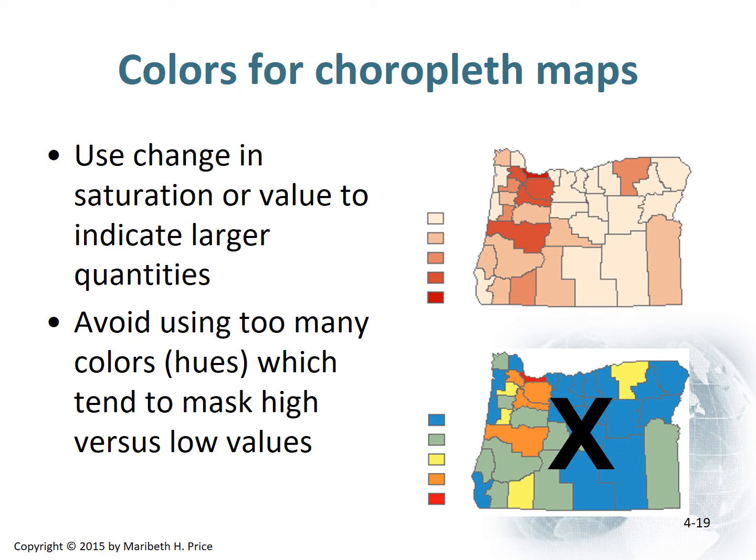And so as we change that saturation, we know that the value of whatever it is we're mapping goes up, just like the color. Now, one problem, if you use too many colors, it can get kind of weird, because it tends to mask certain values.